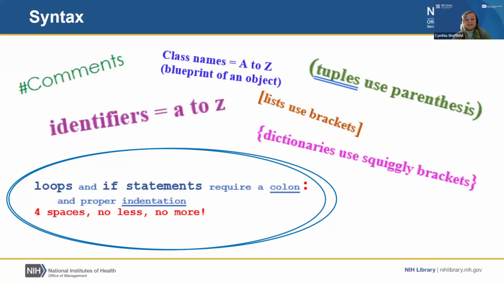Loops and if statements must have logical indentations, 4 spaces or a tab, or your code won't run. Loops are used for iterating over a sequence, and if statements are used to determine if a criteria has been met before moving on to that next condition. You'll learn to comment code, which is very helpful to others using your code, including your future self. And comments require either using triple quotes or the pound sign.